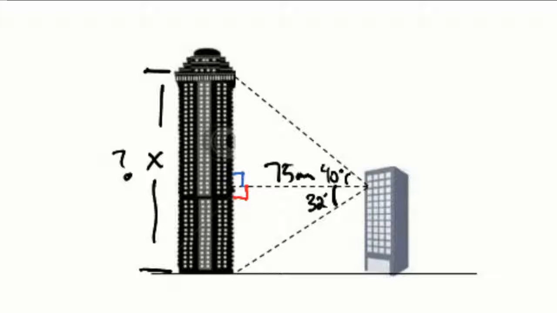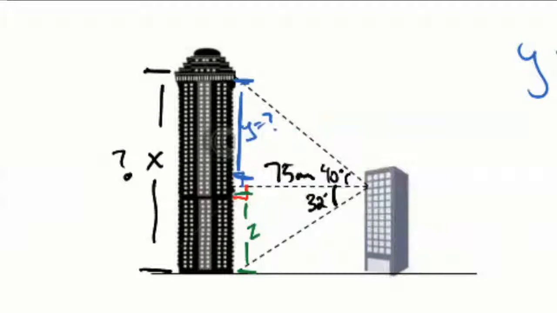If we can find out the length of this side from here to here, call it y. What does that equal? And then if we could find the length from here to here, call it maybe z. If I could add y and z together, I would get the height of my tower.